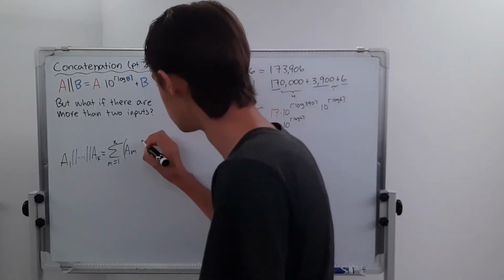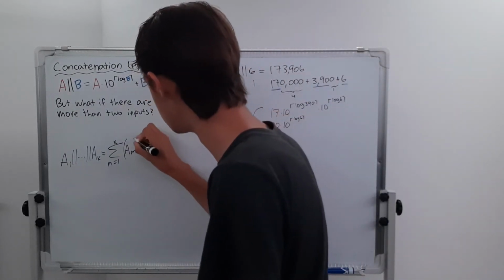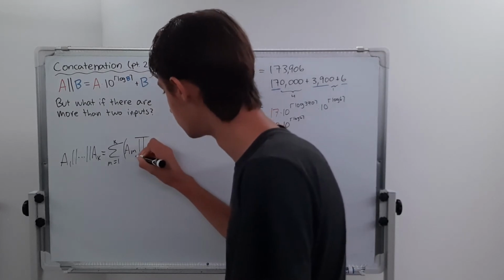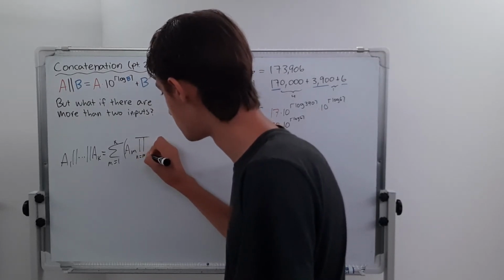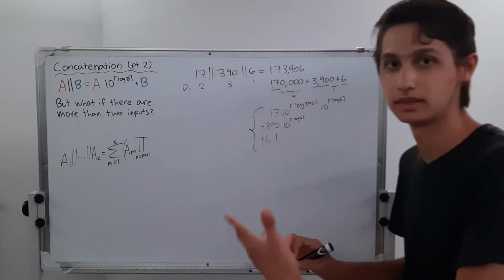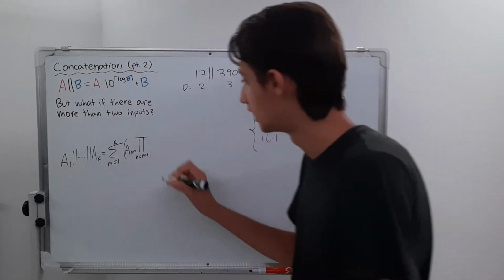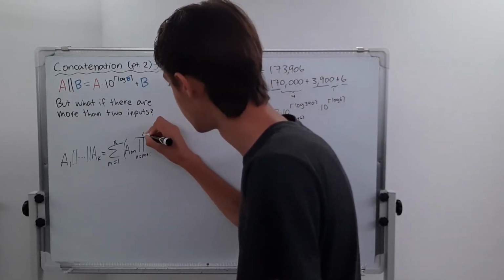So a sub m times the big pi, from n equals m plus 1, because we're starting at the next term, all the way to k again.